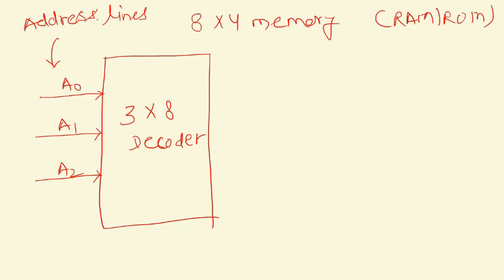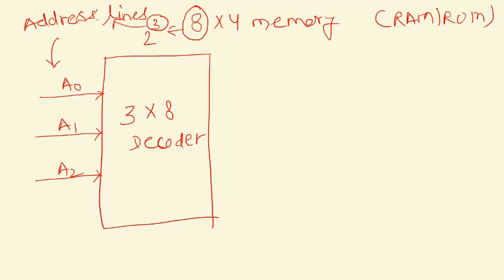The address lines are identified by how many bits are required to address the memory locations. Since 8 is 2 to the power 3, 3 bits are required, which means there will be 3 address lines.